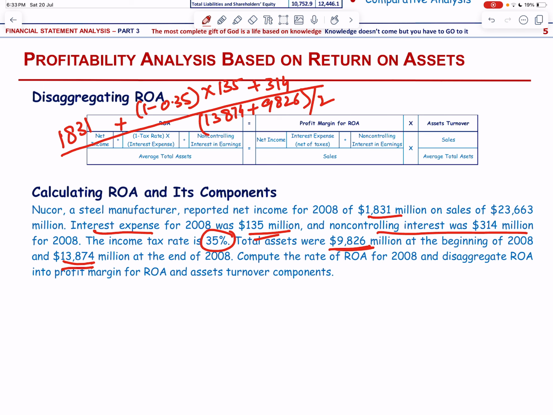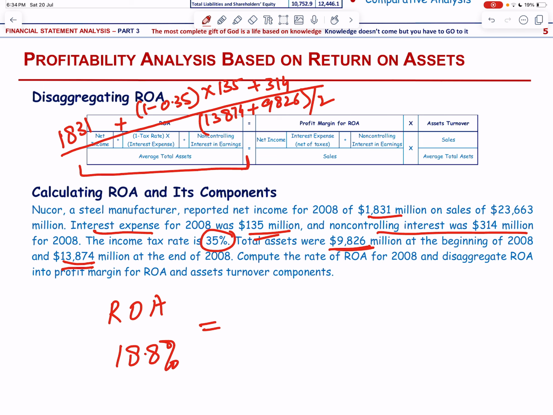So this is the left-hand side of the equation, and if we calculate, the return on assets will be 18.8%.